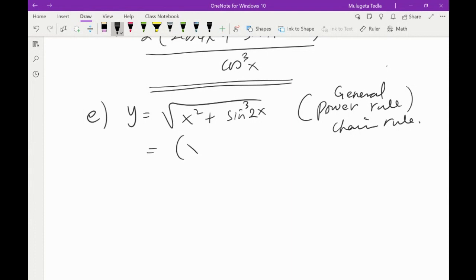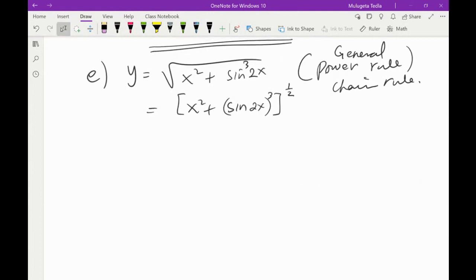So this is x squared plus sine. In fact, if you want to be technical, this means cubed. Another writing of this is this. So dy by dx, in my opinion, this is actually a better representation than this one.